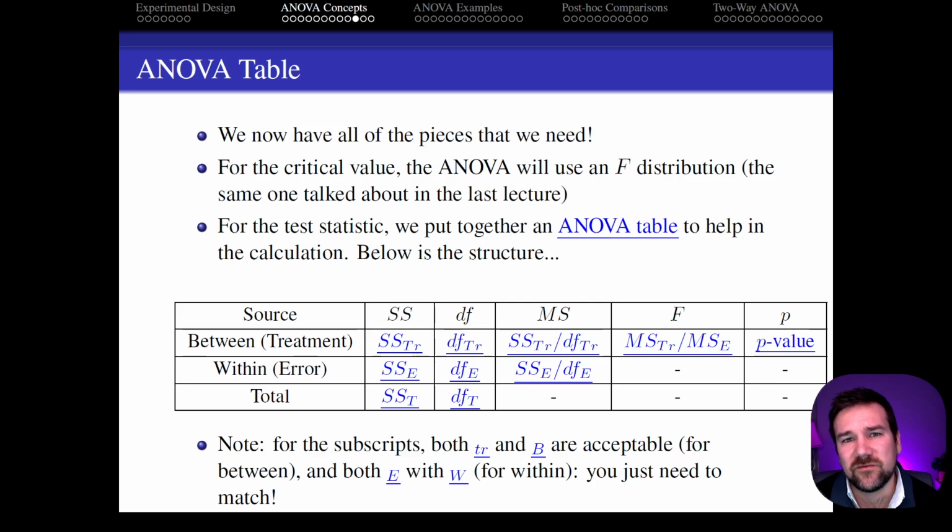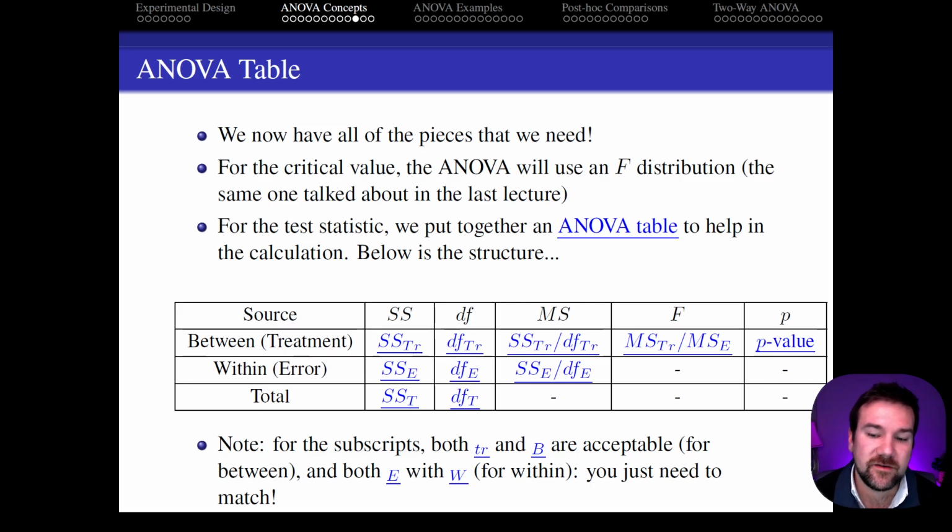I know that's a little bit confusing, and I don't like presenting multiple notations in class, but the truth is both of these are extraordinarily common. SSB, SSW are probably a little more common in ANOVA, but because we'll see SSE and MSE later in the course, I think that's why I put that on these slides here.